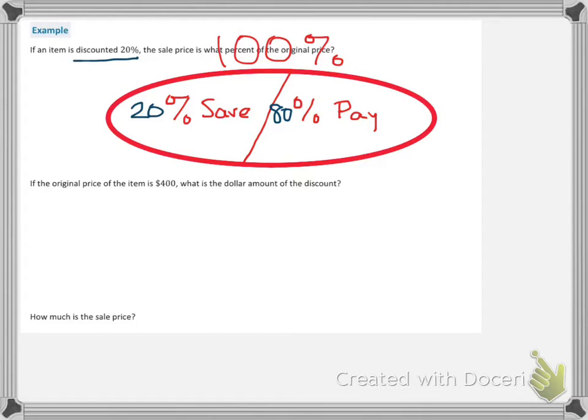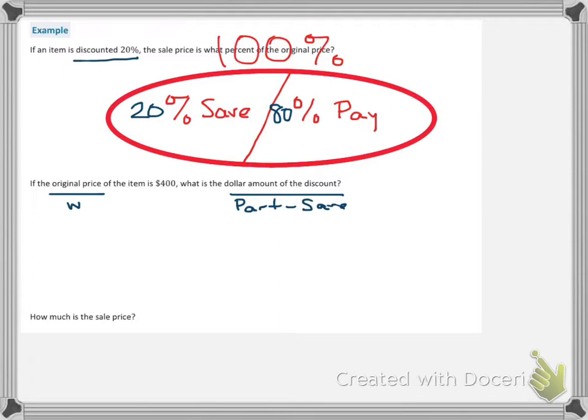All right, so here's our next question. If the original price, well, that's a whole, is $400, what is the dollar amount of the discount? Well, the amount of the discount is a part that we save.